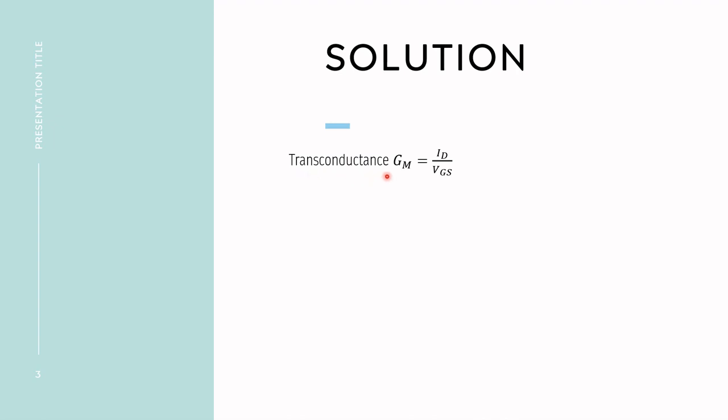The transconductance or the mutual conductance of a JFET is the ratio of the change in the drain current to the corresponding change in the gate source voltage for a constant drain source voltage.